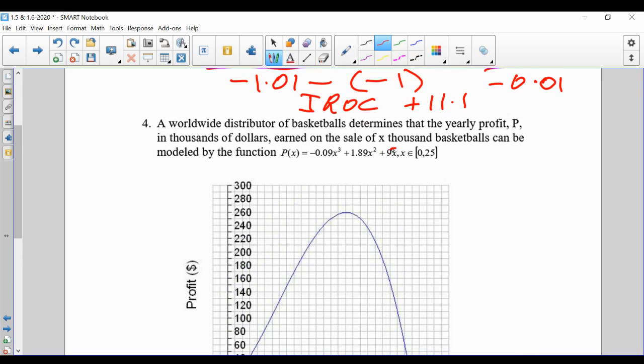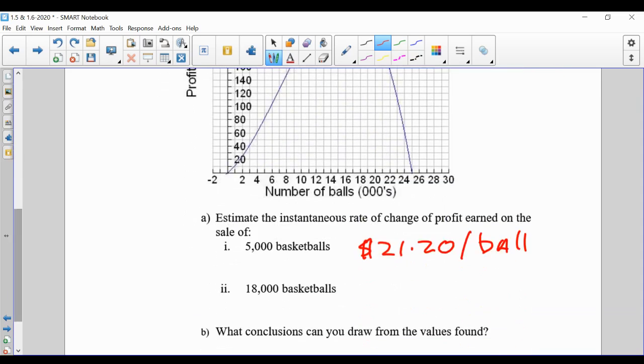So those two things cancel each other out, right? You could have said it was $21,200 per 1,000 balls. But if you reduce out the 1,000 from both of those, it comes back to $21.20 per ball. Okay?